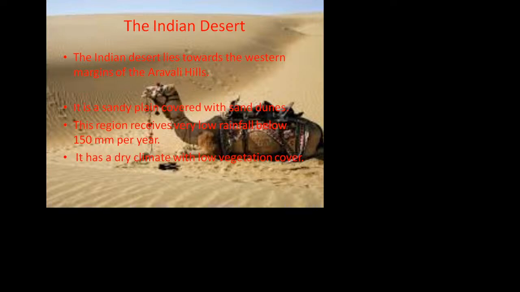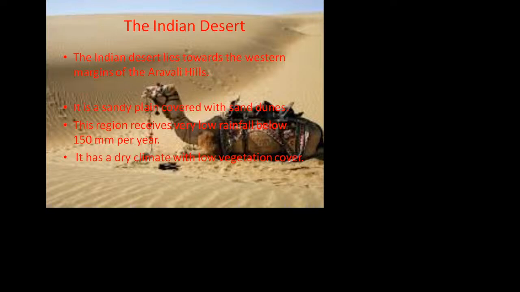Now, in this term, I have used certain words which were confusing. My first word was barchans. A barchan is a crescent-shaped, shifting sand dune, and it is found in the deserts.